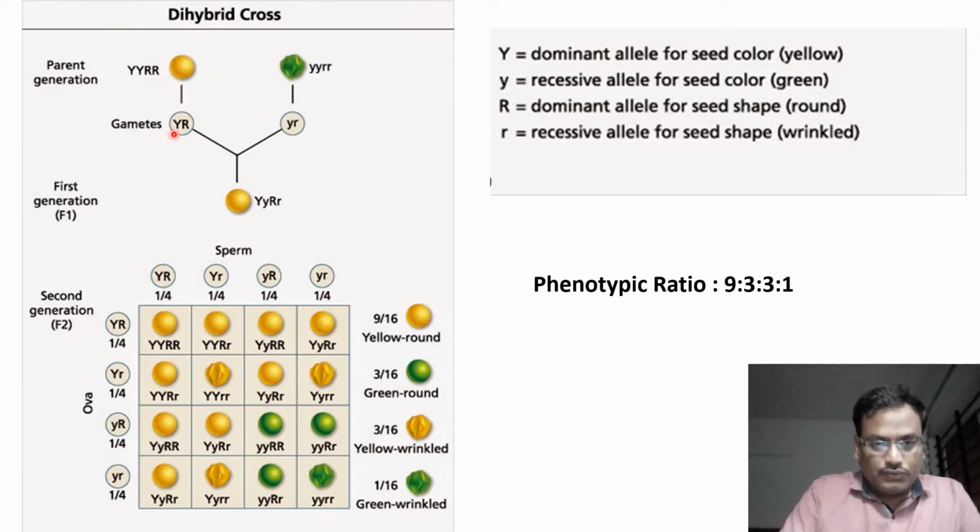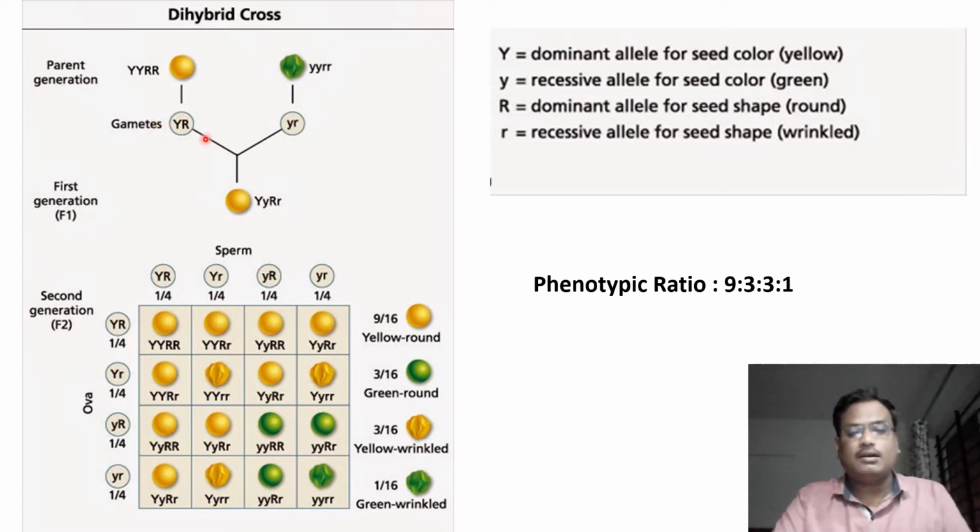It is going to produce gametes. At the time of gamete formation, one allele of each character must enter into the gamete. So out of these two capital Y, one will come, and out of capital R, one will come into the gamete, right? So since only capital Y and only capital R are there, all the gametes produced by this individual will be having capital Y and capital R genes.